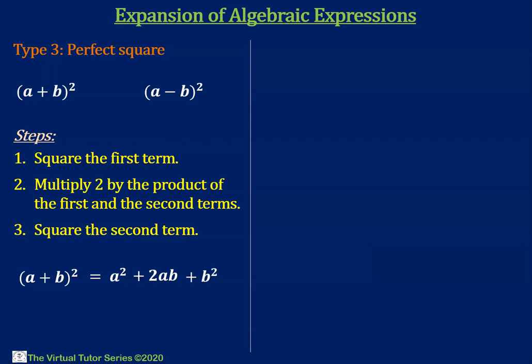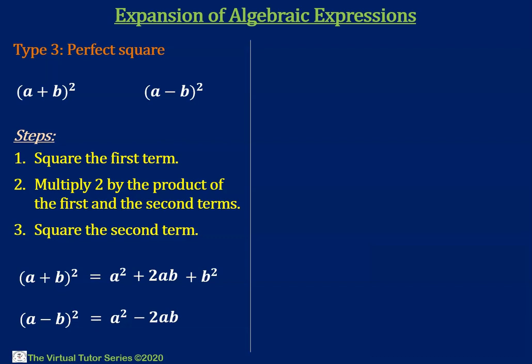The next expression is (a minus b) all square. We have the square of the first term to be a squared. The product of a and negative b is negative ab, and 2 times negative ab is negative 2ab.